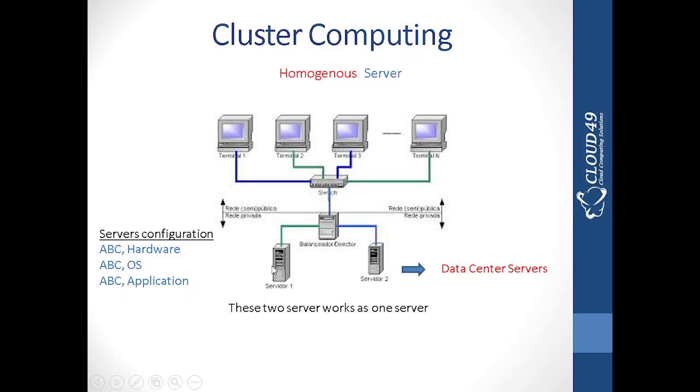What is the meaning of the same configuration? If in this machine you have ABC hardware, this machine should have ABC hardware. In this machine you have ABC operating system, so in this machine you need to install ABC operating system. In this machine you have ABC application, so this machine should have ABC application.